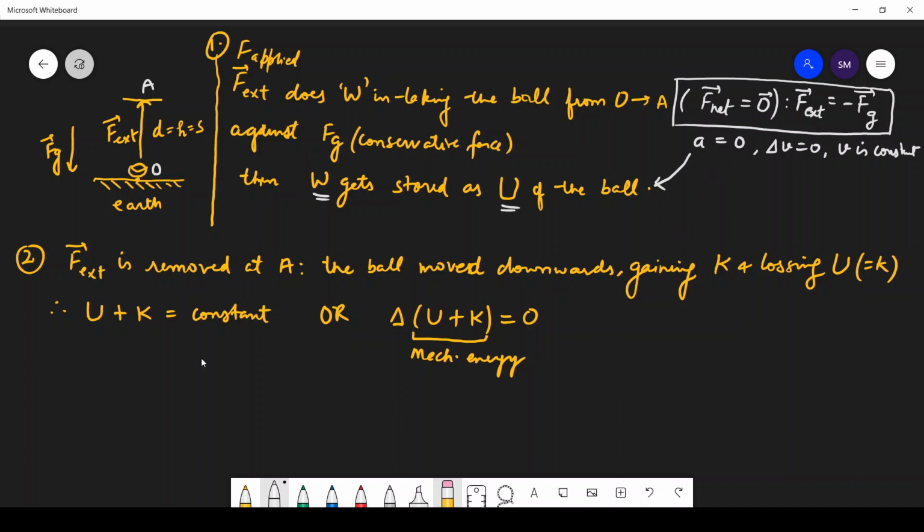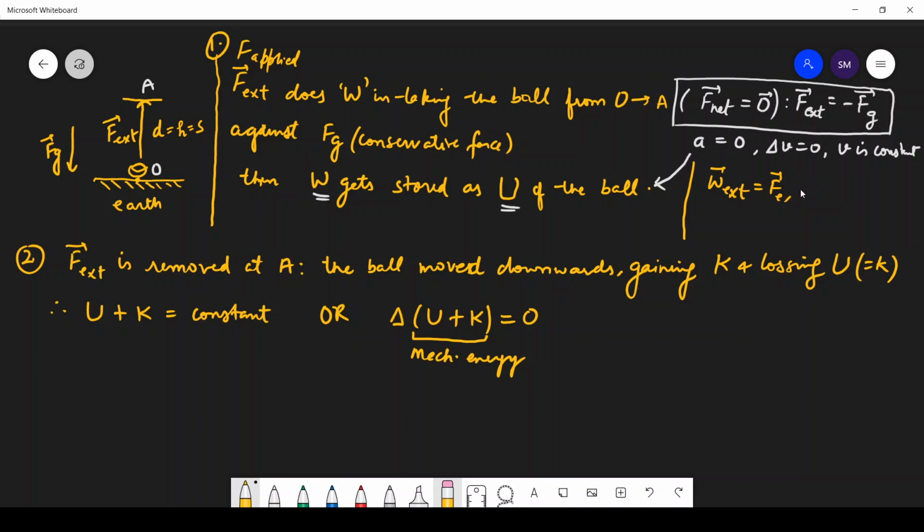Now, if we talk in terms of potential energy, so this whole external work is, so how will you write? Work done by the external force, as both the forces are equal. So work done by external force is equal to external force into the displacement, which is height, right?